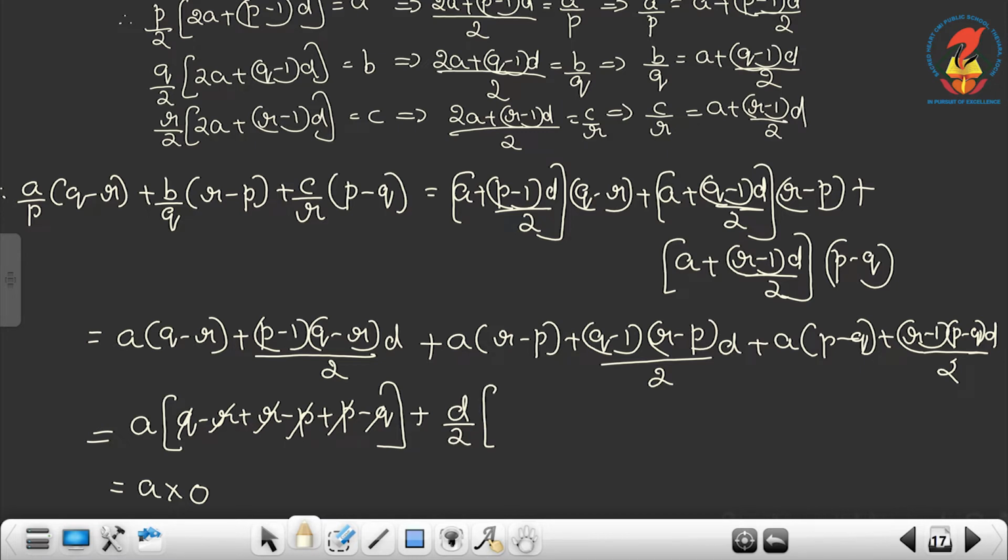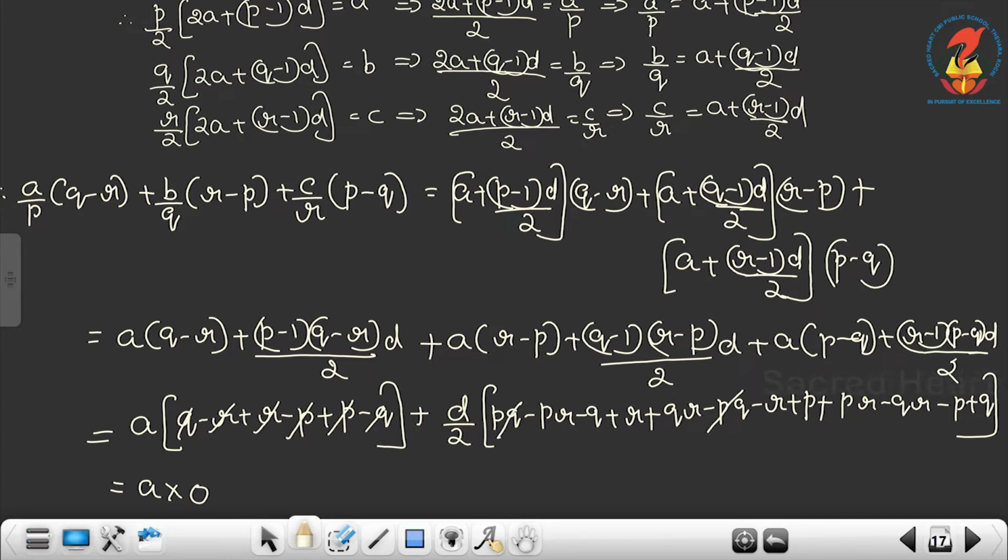Then (P minus 1) into (Q minus R): I am multiplying PQ minus PR minus Q plus R. Then here D by 2 taking out, then multiply QR minus PQ minus R plus P. Here D by 2 outside: PR minus QR minus P plus Q. Then PQ plus PQ minus PQ, PR minus PR, minus Q. Can you see plus Q?